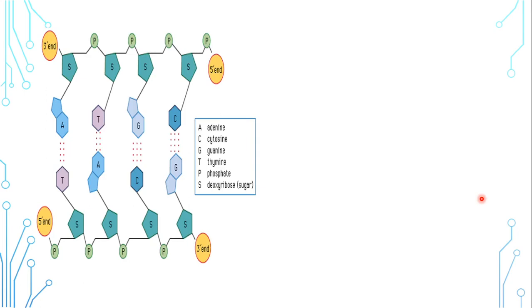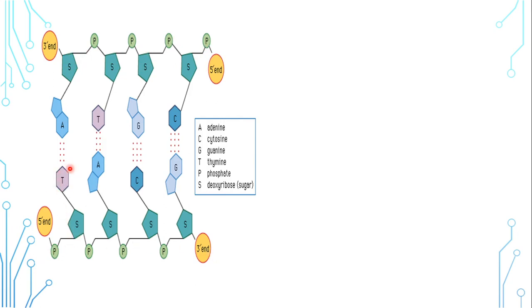So it is furthermore repeated. Why is this end known as 3 prime? Because it has the third position of carbon free, and on this side, the fifth end, the OH groups are free. So this is the 3 end and this is the 5 end. If one strand is 3 to 5, the other strand has to be 5 to 3, with each nucleotide carrying one base.